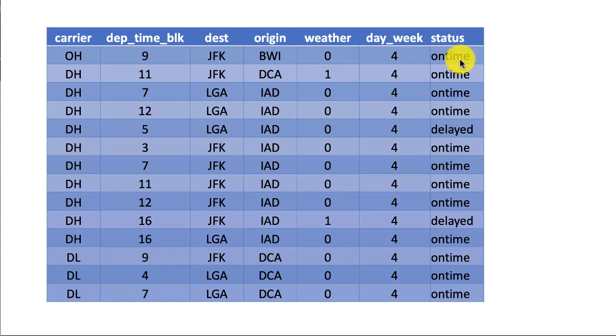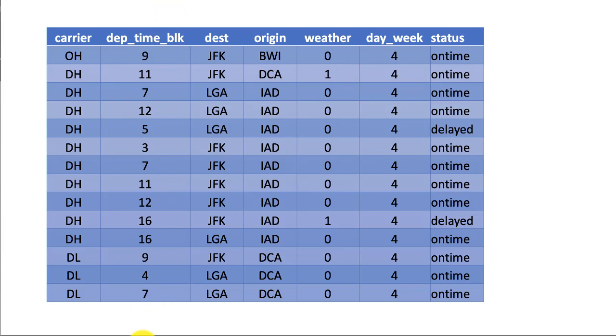Okay, so let's say we've got this data set with us. We're looking at a data set in which we have a column called carrier, which indicates the airline. Remember, in naive Bayes or in exact Bayes, all attributes have to be categorical or factors. So we've taken the departure time of the flights and put them into individual blocks. Midnight to 1 o'clock a.m. is one block, 1 o'clock to 2 o'clock is another block, 2 to 3 is another block, and so on.